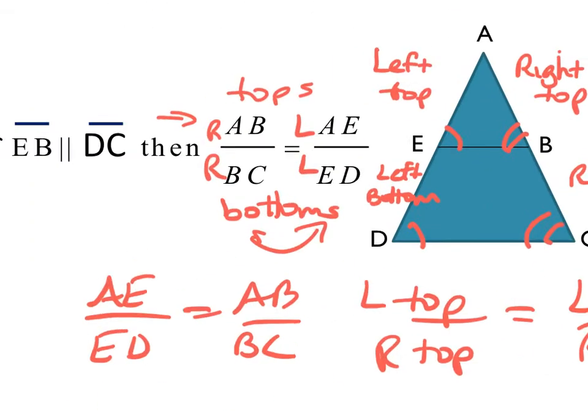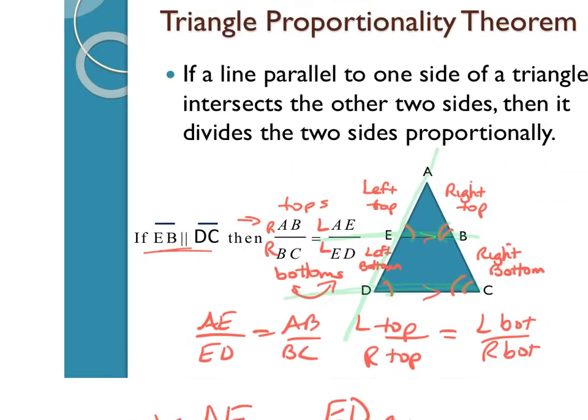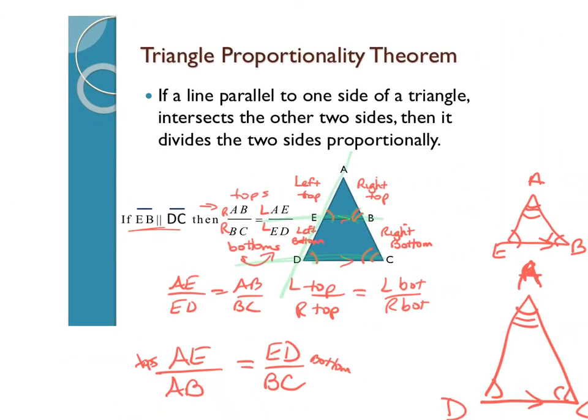What the theorem states is that EB is parallel to DC, and then I have a transversal here, and these are corresponding angles. And then the same thing over here, because these are my parallels and then my transversals. That's how I could show that the triangles are similar by the AA similarity postulate.